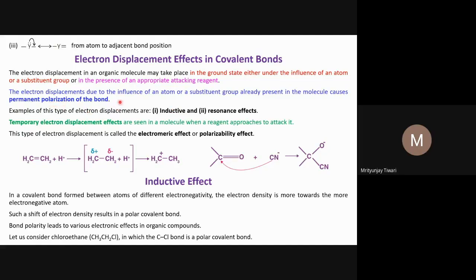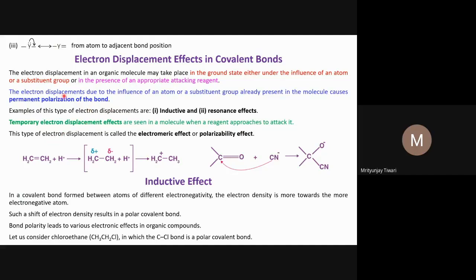The electron displacement due to the influence of an atom or a substituent group already present in the molecule causes permanent polarization of the bond. Examples of this type of electron displacements are inductive effect and the resonance effect. The inductive effect means the induction. It is induced by certain group, and then the resonance effect we will see what it means later on.